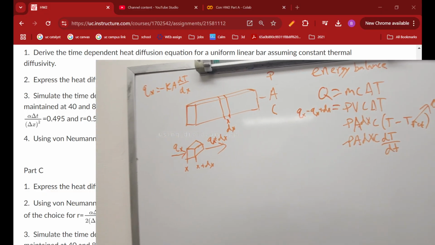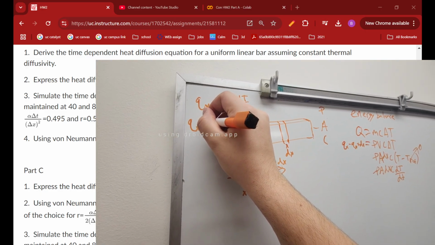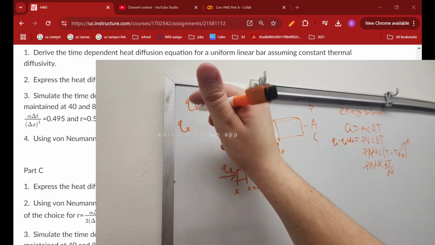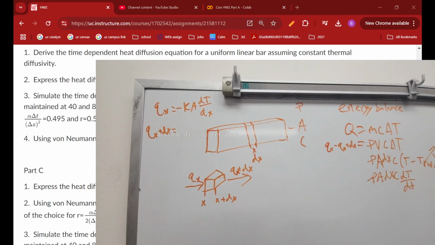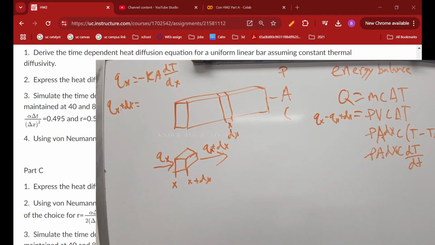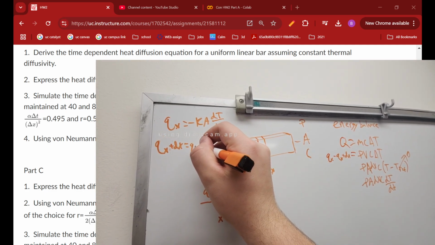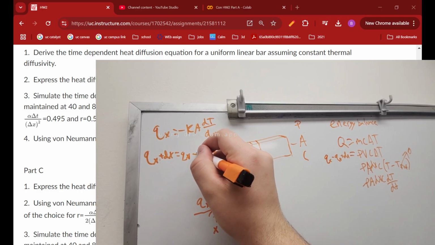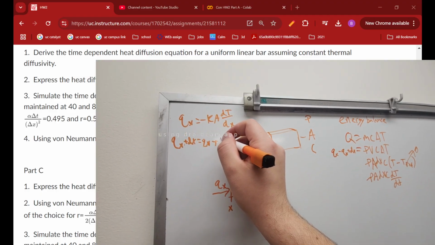And then we also know that Qx plus dx can be equal to Qx plus dQx over dx times dx.